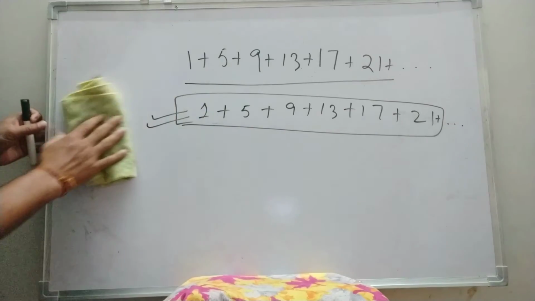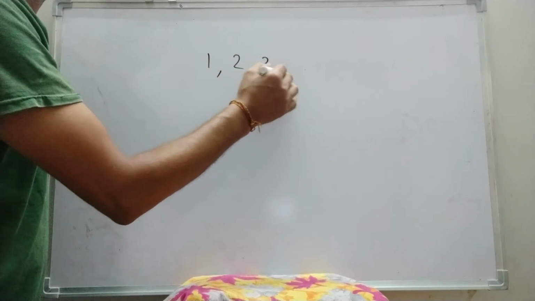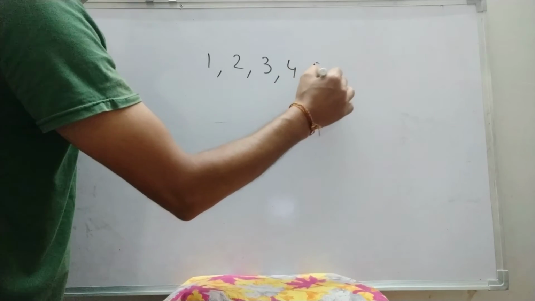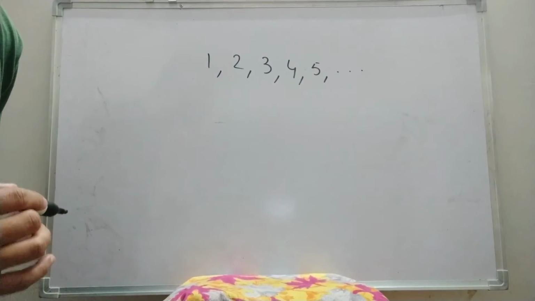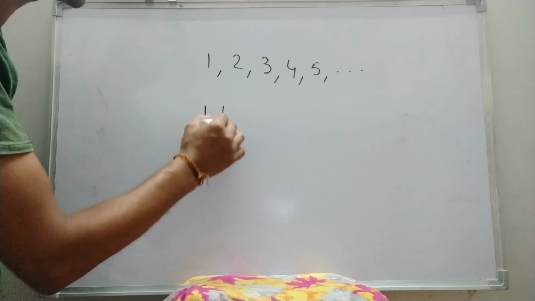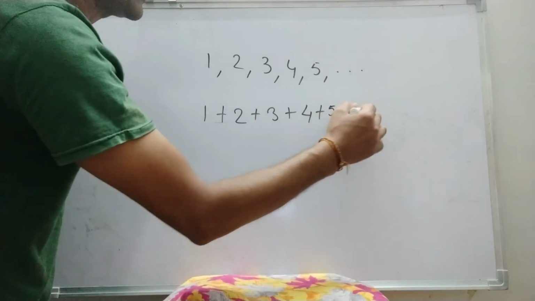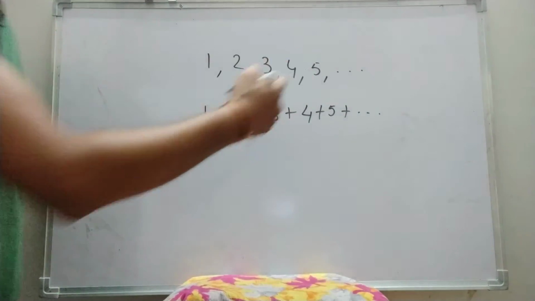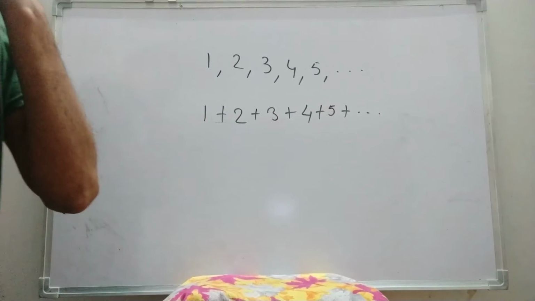So again students, I am repeating the same thing about sequence and series. Try to understand. The numbers that are arranged in a particular arrangement are called a sequence. If we write the terms of this particular sequence with addition, then the sequence will be converted into a series.